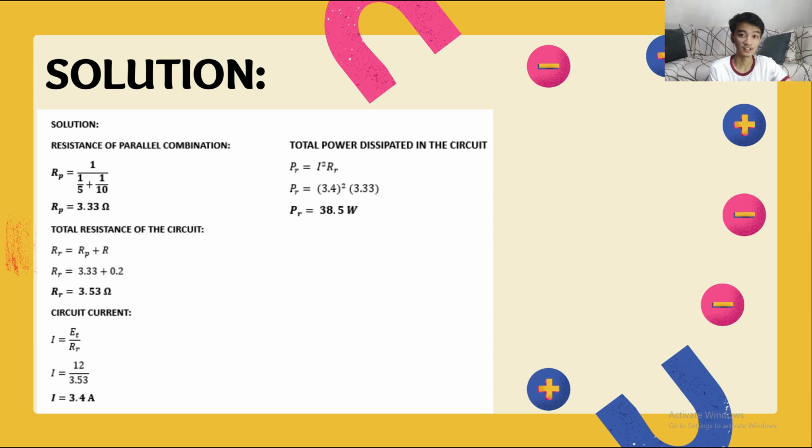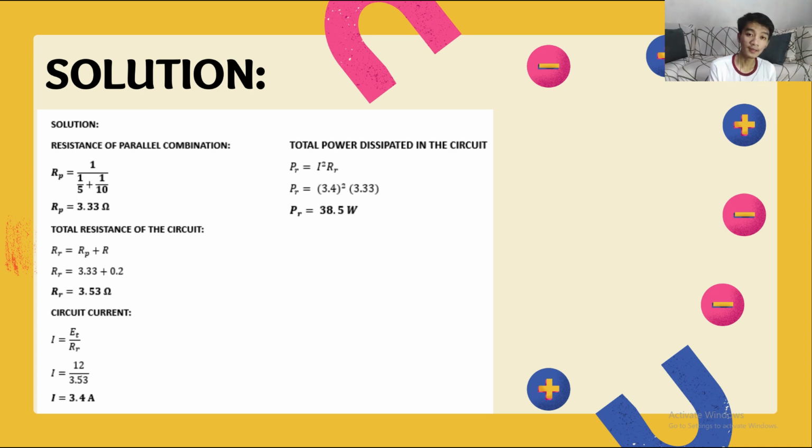And lastly, to compute the total power dissipated in the circuit, the formula would be P equals the current squared times the total resistance. Therefore, P is equal to 3.4 squared times 3.33. The final answer would be 38.5 watts as the power drawn in the circuit.